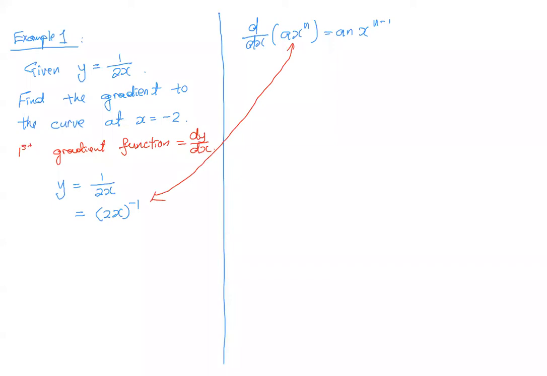Suitable. Hey, no, wait. The thing is inside the bracket. Not suitable. You see, the coefficient of x to the power of n must be 1, but here I got 2. So this is not suitable. I cannot.